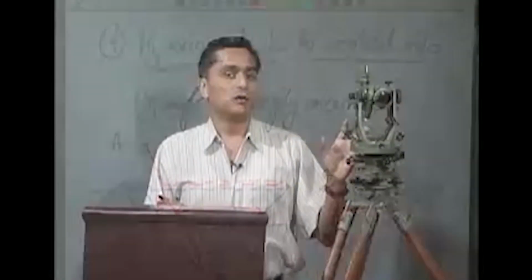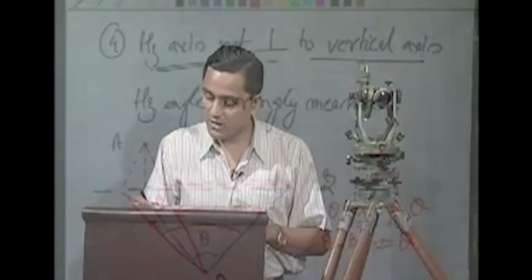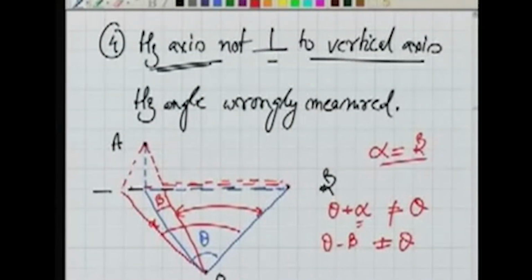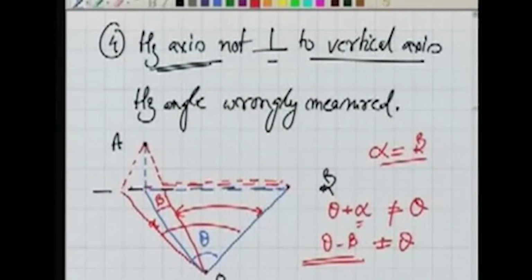Now in our instrument, this alpha will be equal to beta. So what we can do, if I take the sum of these two angles, that will be 2 theta, because this alpha is equal to beta, and divided by 2 gives me theta. So basically what we are doing, I am taking the face left observation.